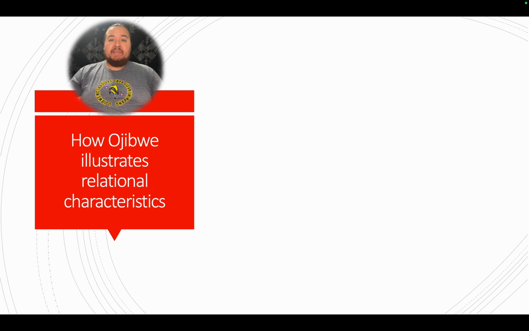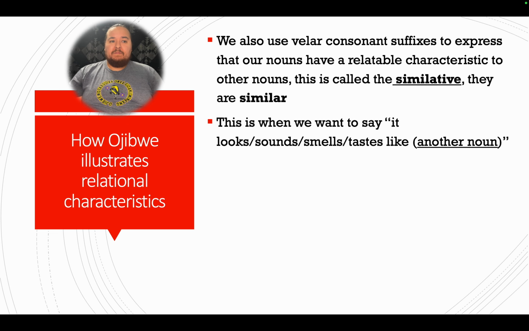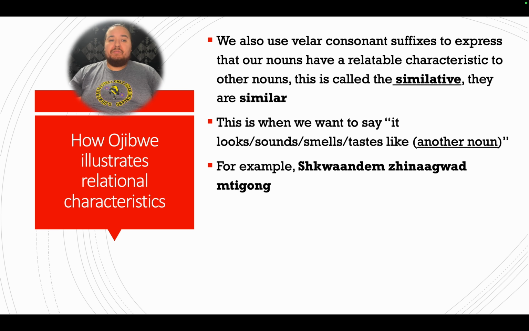So how Ojibwe illustrates relational characteristics. So we also use our velar consonant suffix to express that our nouns have relatable characteristics to other nouns. This is called the similitive because they are similar. This is when we want to say it looks, sounds, smells, or tastes like another noun. So for example, Shquandem Nishnaabemwin.